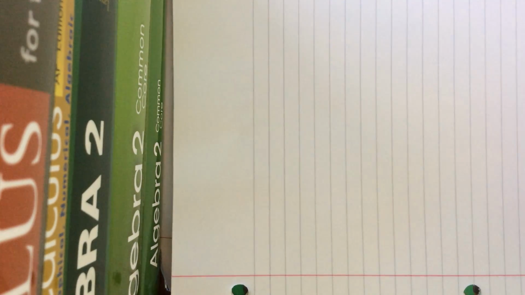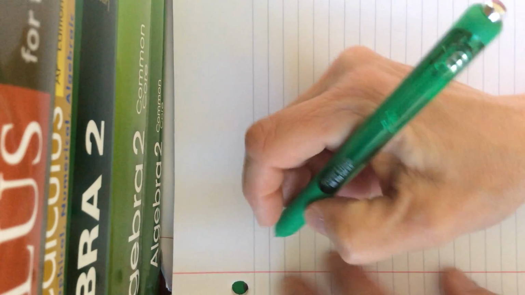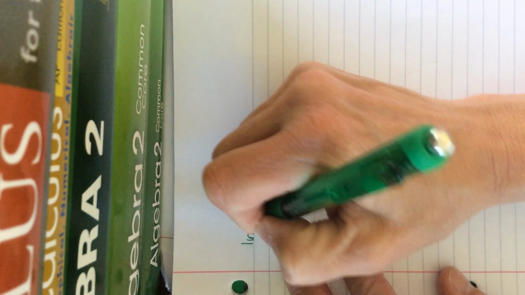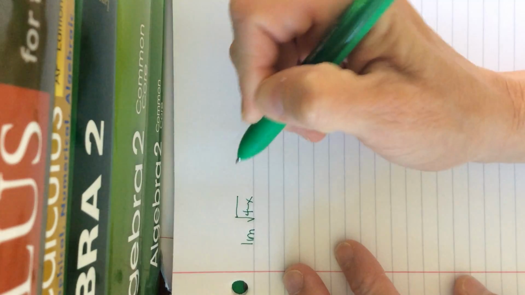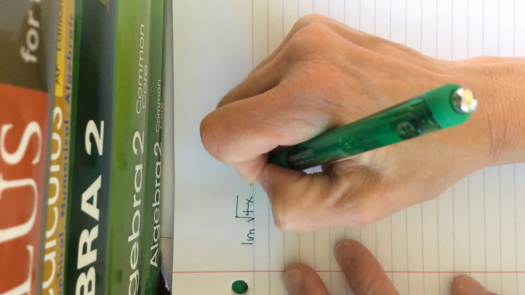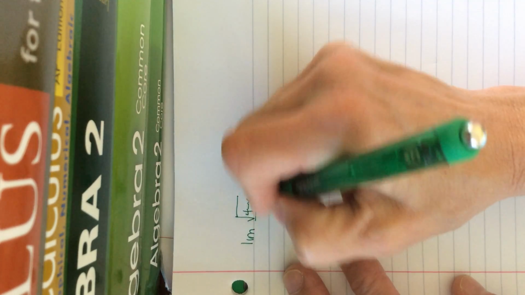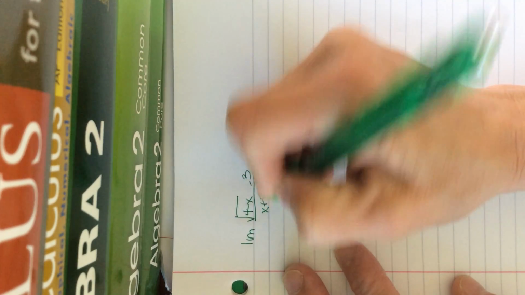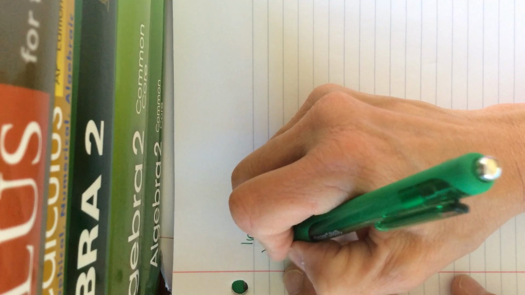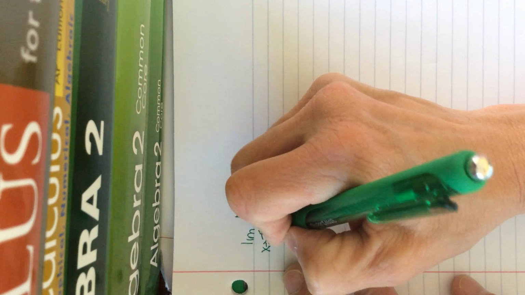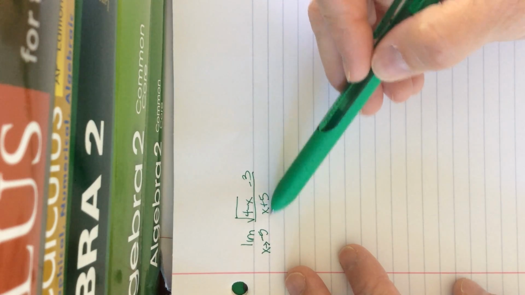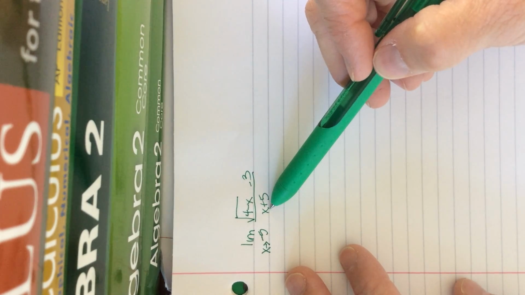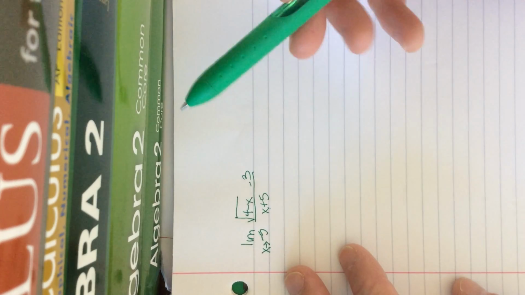Our next example, we have the limit of the square root of 4 minus x minus 3 over x plus 5 as x approaches negative 5. Well, by first glancing, I notice that negative 5 is going to make the denominator 0.